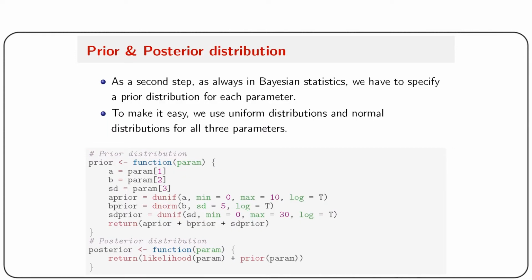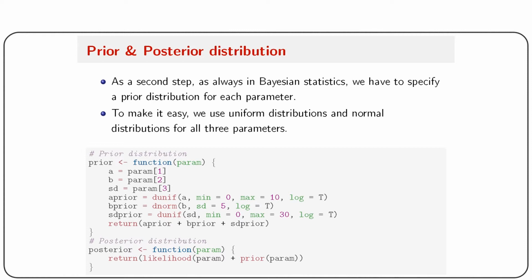Prior and posterior distribution. As a second step, as always in Bayesian statistics, we have to specify a prior distribution for each parameter. To make it easy, we use uniform distribution and normal distribution for all three parameters.